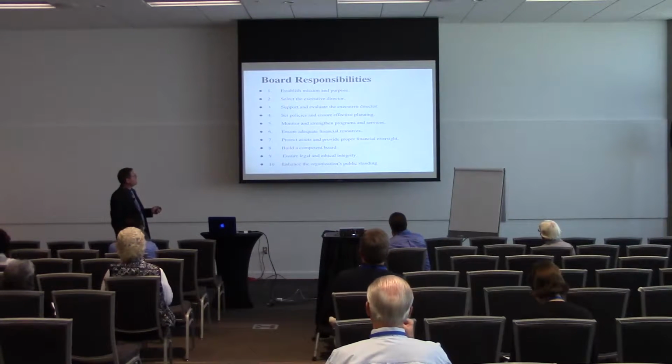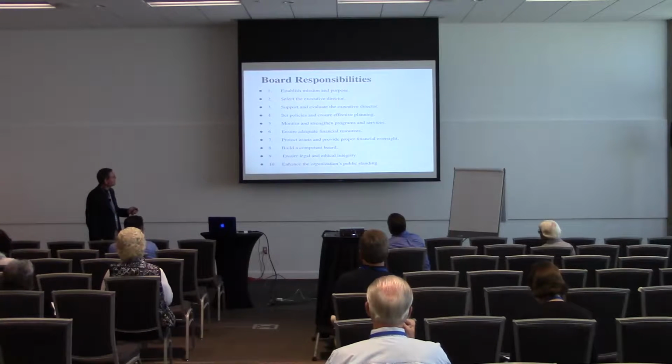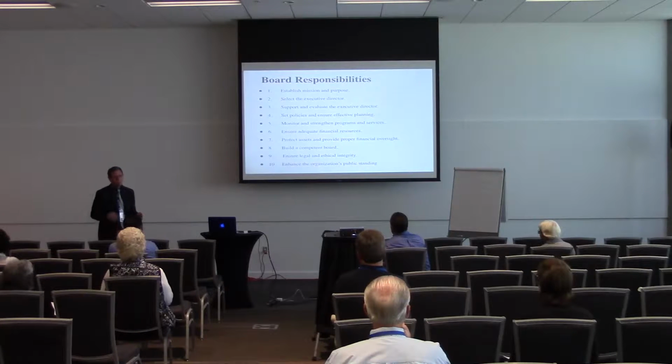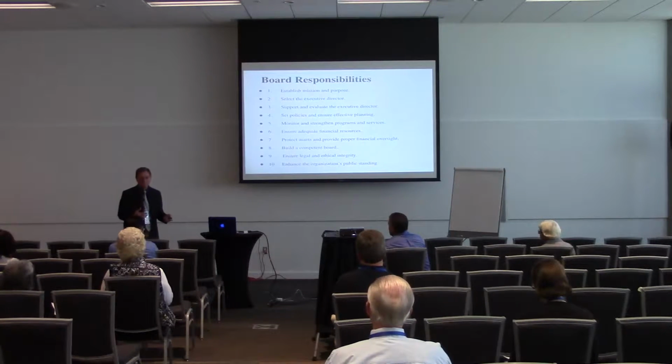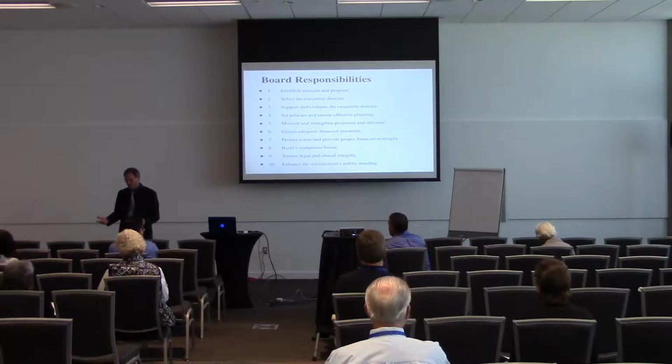Okay, so the board has the responsibility to select the executive director. The board has the responsibility to support and evaluate the executive director. So whoever is the president or executive director of the organization should be evaluated by the board on a regular basis, annually or at least every 2 years.